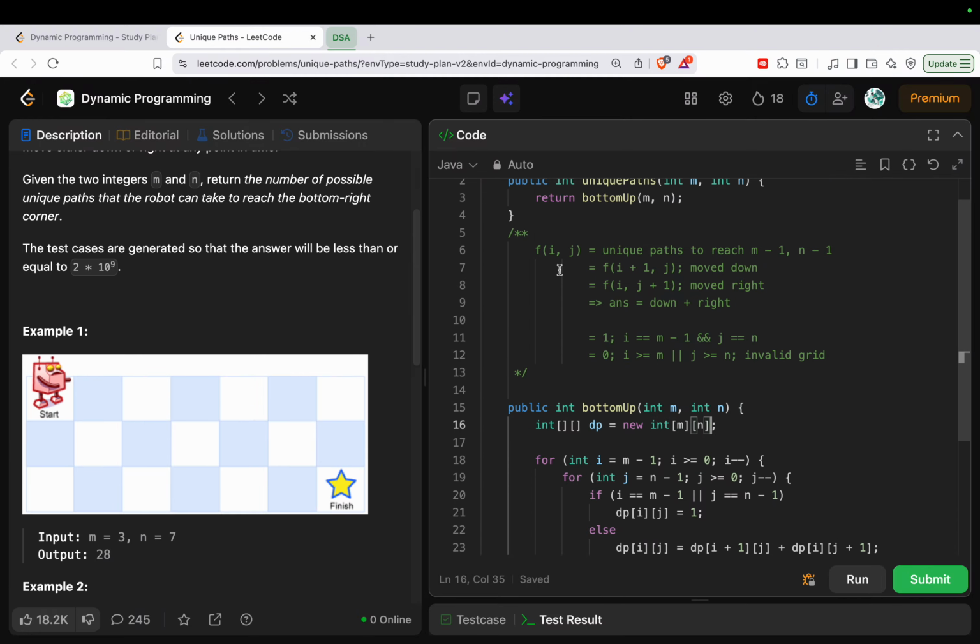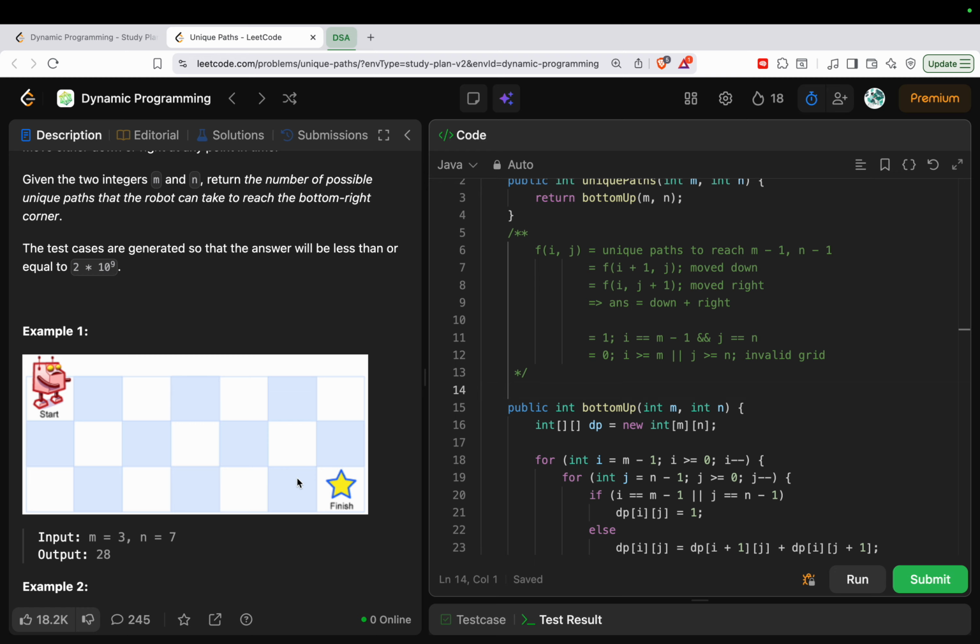Okay, if you observe in the recurrence relation, we are in the end reaching to our base case, which is m minus 1 and n minus 1, right? So the answer to this is first found, and then the answers to its neighbors are getting found, right? So we will also be filling our DP array in the same fashion.